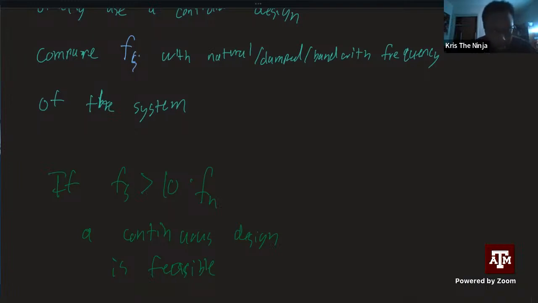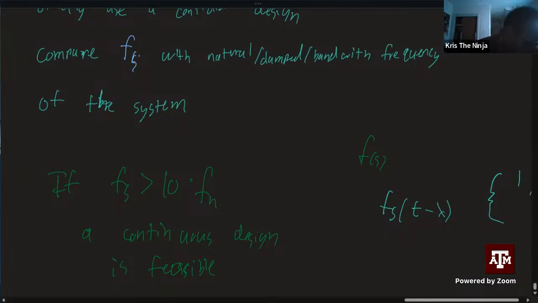Basically, if you're going to do a sampling function, it's going to look like this. F S of time minus lambda is going to be one when t equals lambda, and zero for everything else.